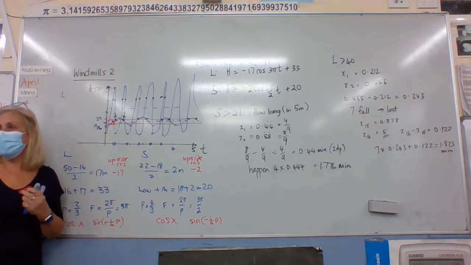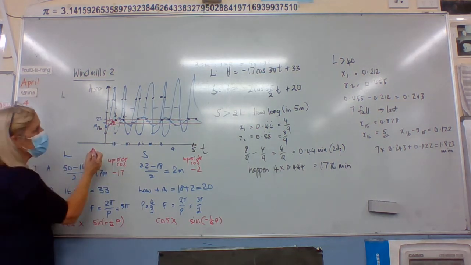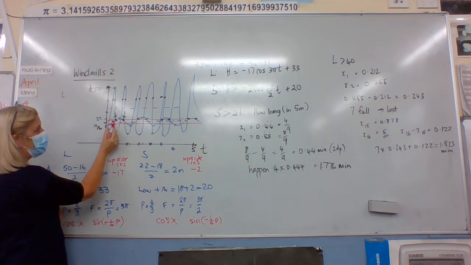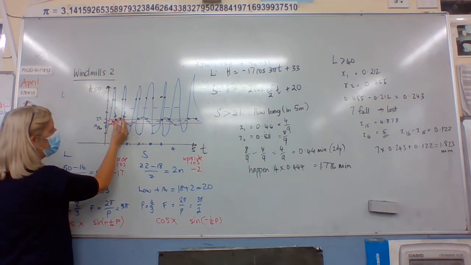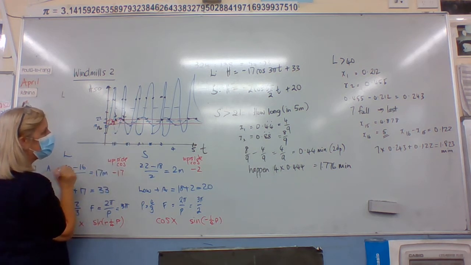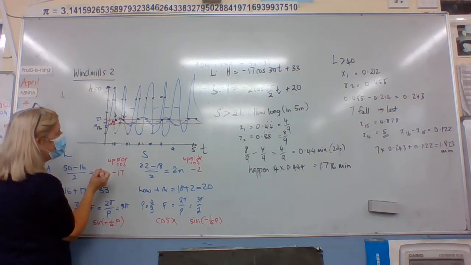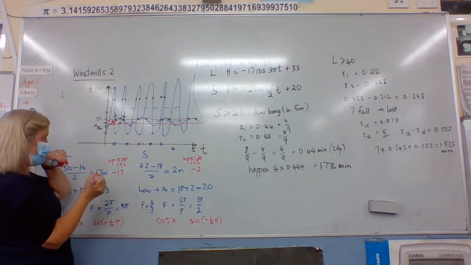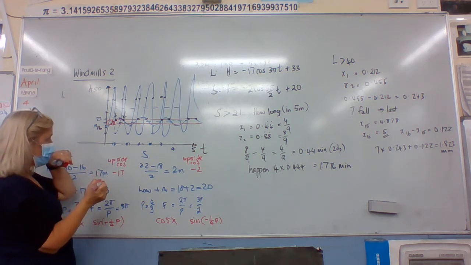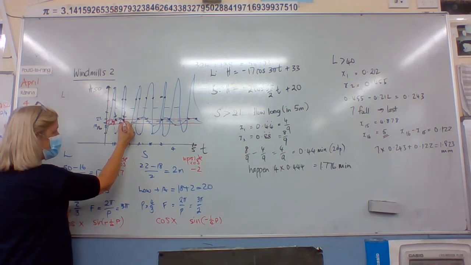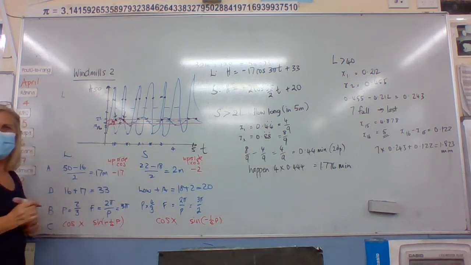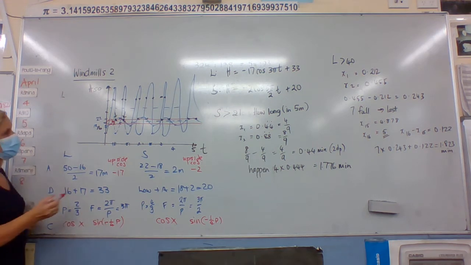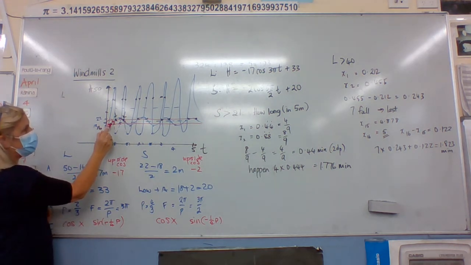This is where having the graph helps. Because they're both above here, between here and here. The next time they're both above is here. No, here. And here. Can you see that?